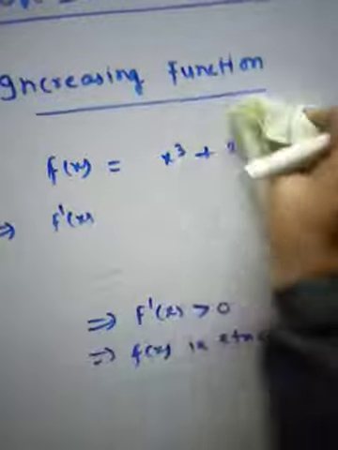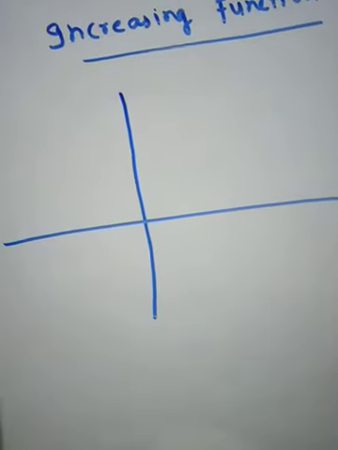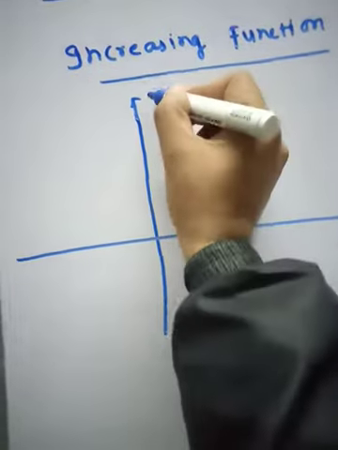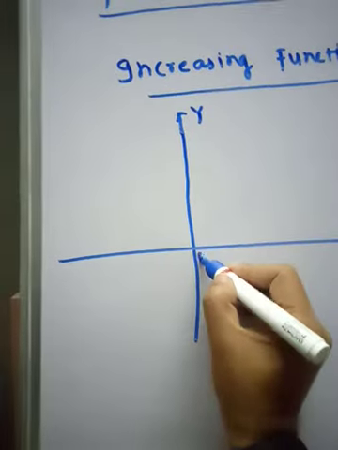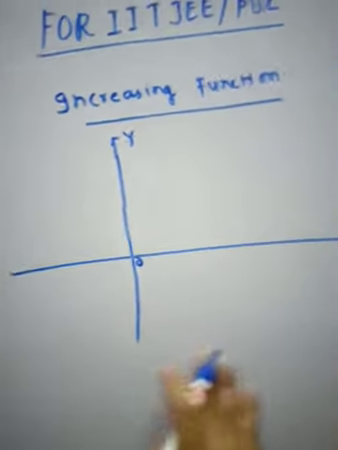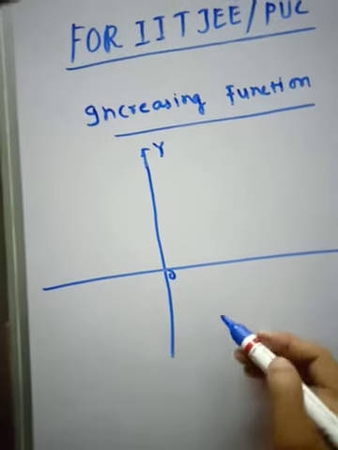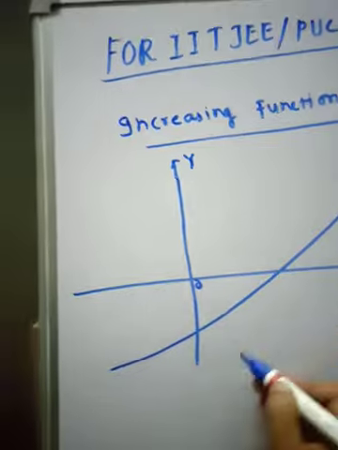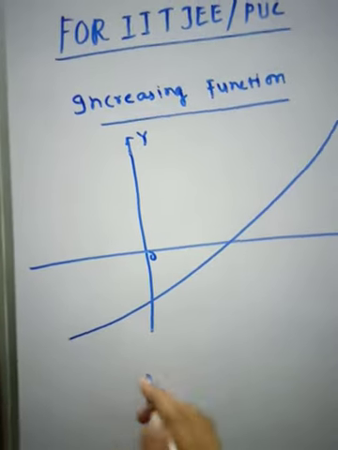By graph also we can show that. Suppose you have the x-axis and the y-axis here. Suppose you have this graph, which is always increasing.